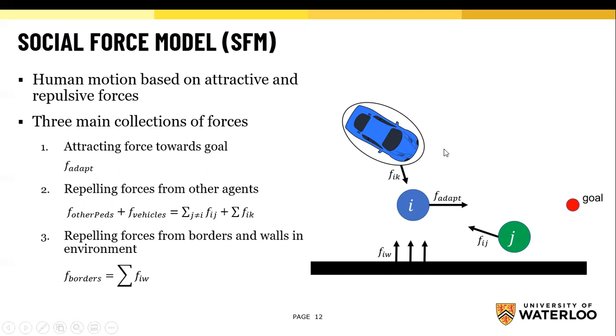And finally, the third collection is the border forces or the wall forces. So they're repelling forces away from the physical walls and borders of the environment to make sure the pedestrian respects them and doesn't collide with them, like the other repelling forces.